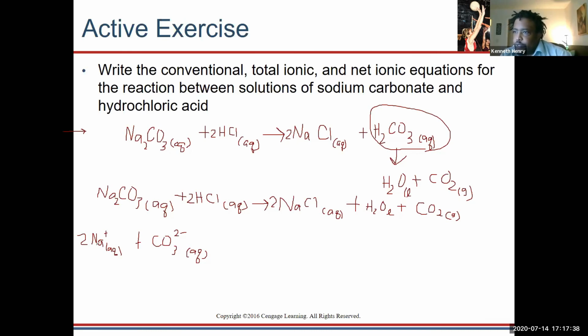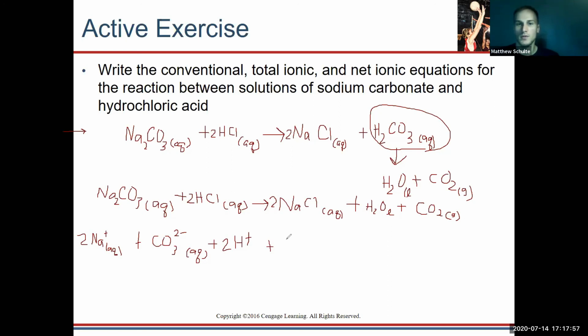So then we have 2 Na plus, CO3 2 negative, aqueous, plus 2 H plus and 2 Cl negative, aqueous.